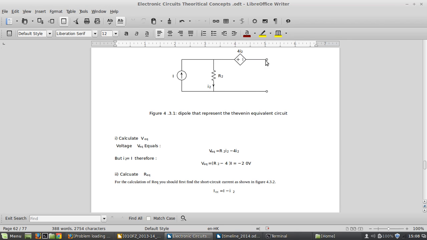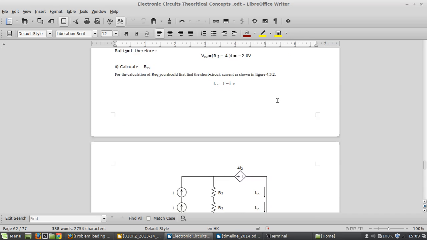For calculation of R equivalent, you have to replace this open circuit with a short circuit and find the current flowing here, the short circuit current. The short circuit current is I minus I2. I just use KCL at this junction to find the short circuit current.